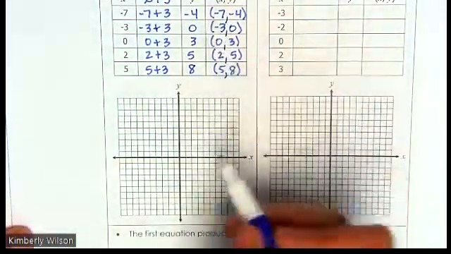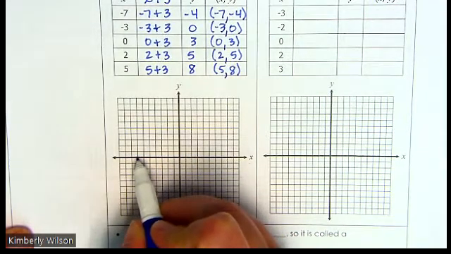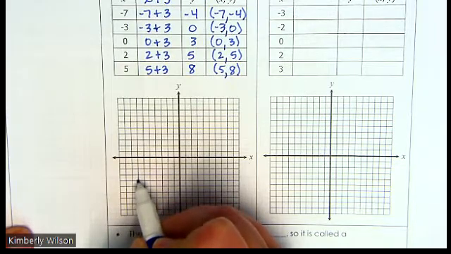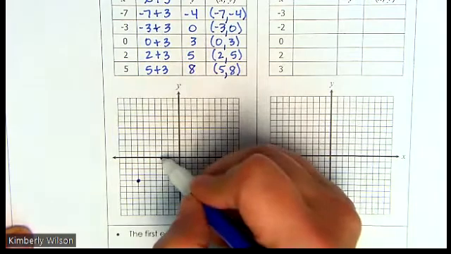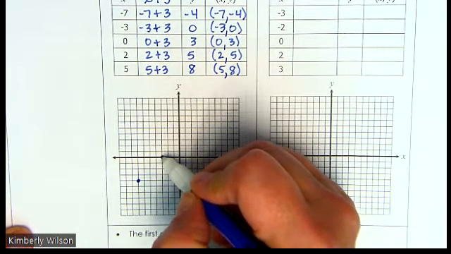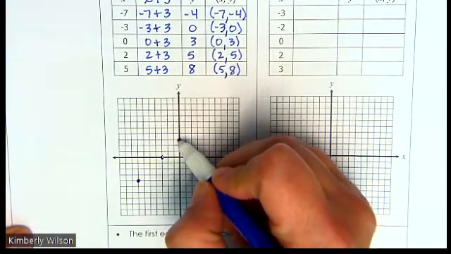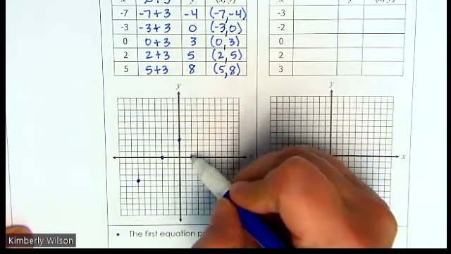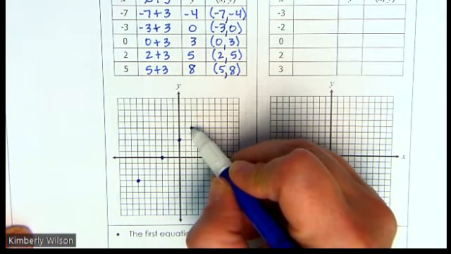Okay, so I'm going to start with -7 on the x-axis. So that's 2, 4, 6, 7. And I'm going down to -4. There's my first point. -3, 0. So that's right here. And then we have 0, 3, which is here. 2, 5, which is here.